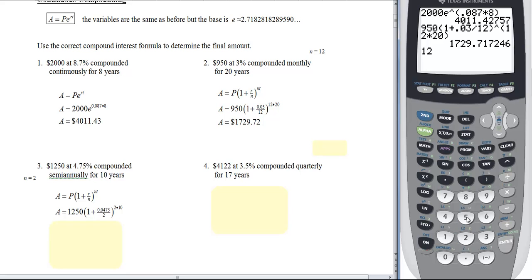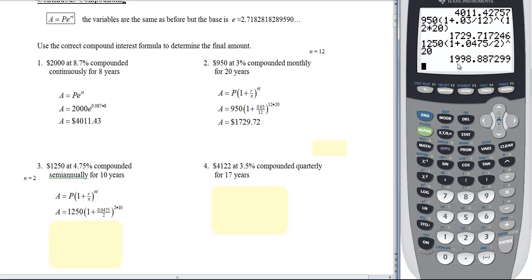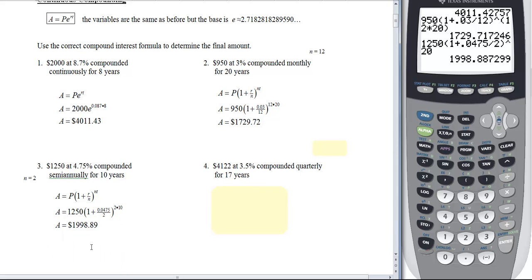So 1,250, parentheses, 1 plus 0.0475 divided by 2, raised to the 20th. It would grow to almost $2,000. The banks are not going to give you $2,000. They're going to give you $1,998.89. Pennies add up.